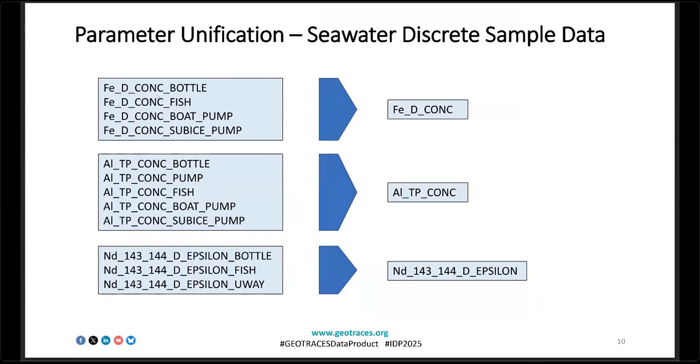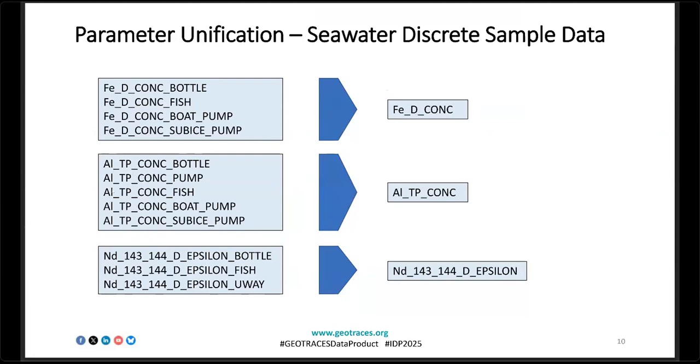While GeoTraces does have separate parameters for the different sample systems, like for instance, looking at dissolved iron, we have separate parameters sampled with bottle, fish, boat pump, sub-ice pump. These separate parameters now have been unified into one single parameter. So in this example, dissolved iron.